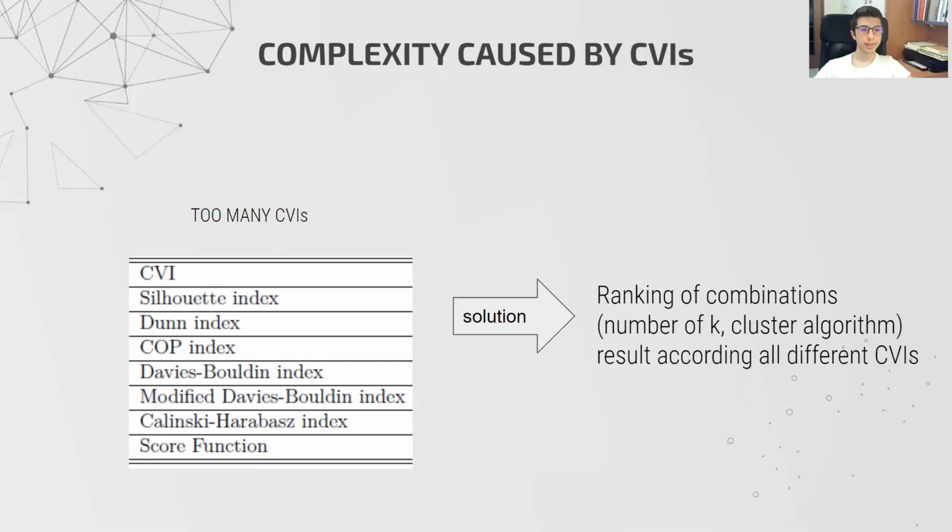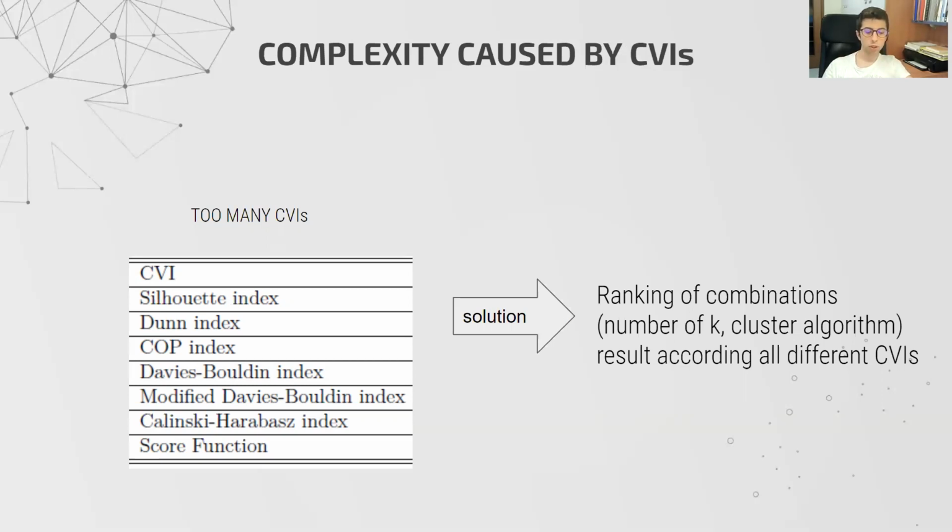The last point is that every clustering division is based on different parameters. I said the prototyping function, so we have to choose the right one for my specific case. I have to choose the right distance, so I also have to decide this parameter.